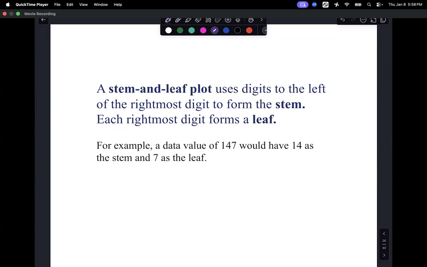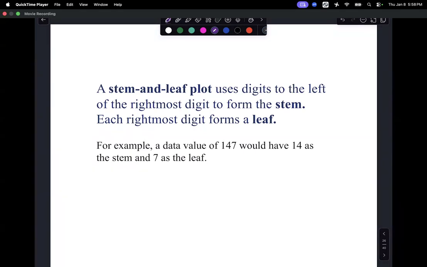If you find a data set that you think a stem and leaf plot would be the perfect way to represent, let me know, because I have not yet found any data set where this is the best way to represent it. But we're teaching it. I don't know if there are any homework problems with it, I can't remember, but stem and leaf plots will not be on the test. Obviously, I'm going to show you how to do it, but it's not going to be on the test.